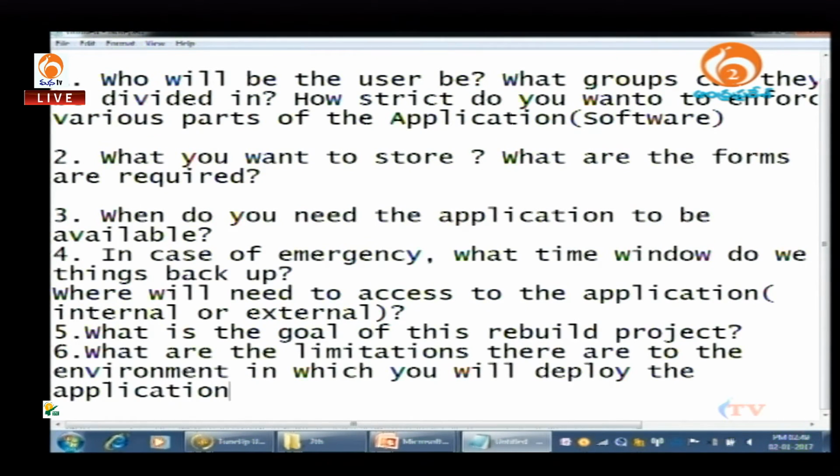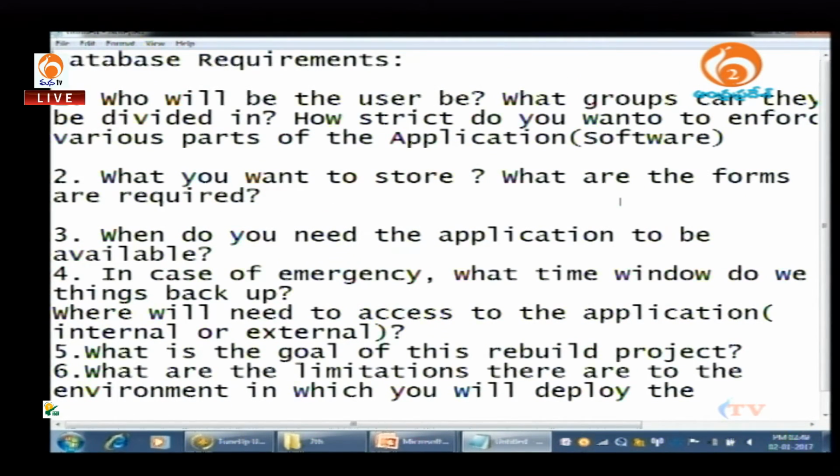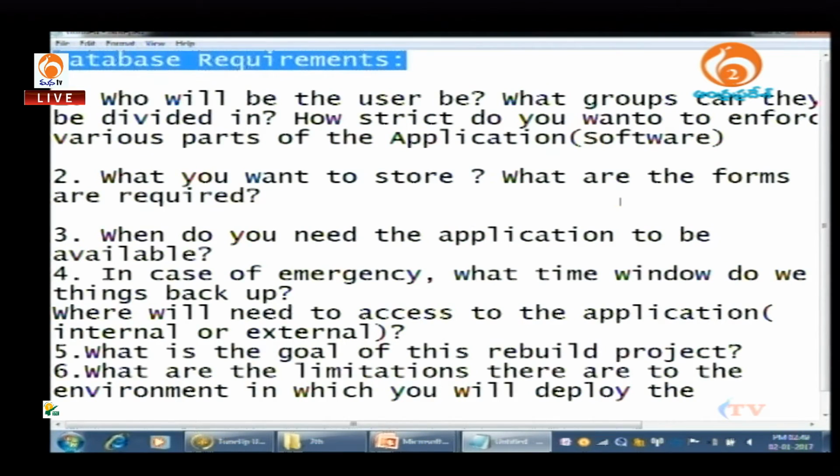Okay, these are the database requirements which we had not discussed in the requirement analysis. So, all those things are discussed and defined, then we go for the next, designing.